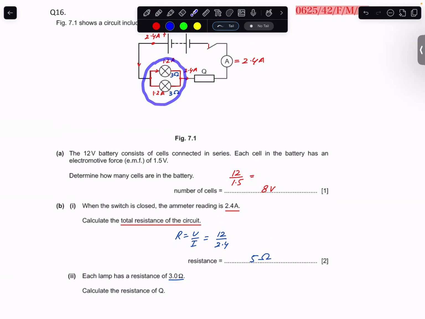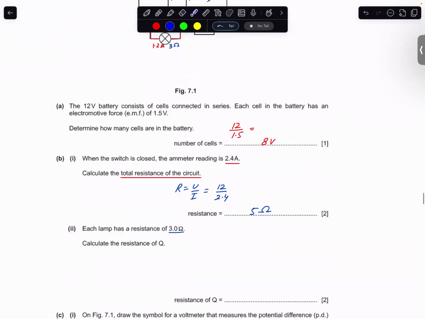It means this combined part of the resistors is in series with this Q. So if I find out the resistance of this parallel combination, then that will be added with this fixed resistor, and this will be equal to the total resistance of the circuit.